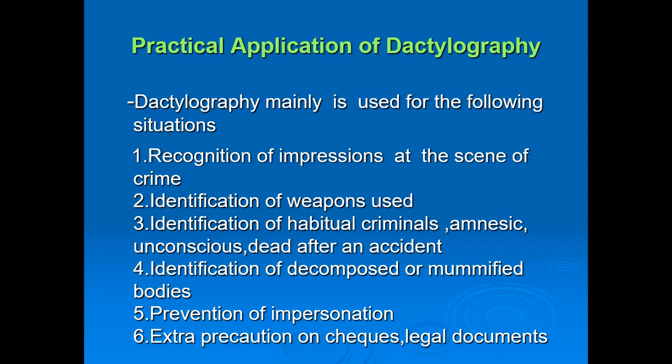They have criminal records, their fingerprint patterns are saved, so they can match, and usually the criminal is from the same area or community and is habitual, so he may be caught. So this was the second use. Third use is identification of habitual criminals, again by the record which police have.